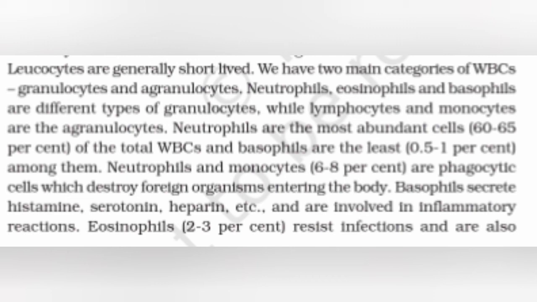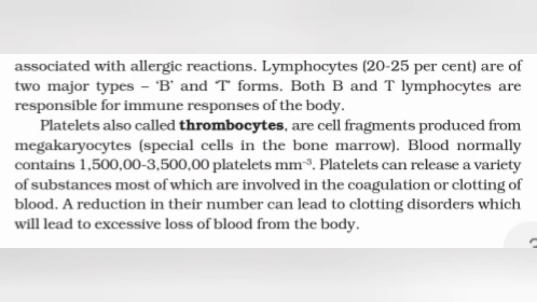Basophils secrete histamine, serotonin, heparin, etc., which are involved in inflammatory reactions. Eosinophils, which counts 2 to 3%, resist infection and are also associated with allergic reactions. Lymphocytes, that counts 20 to 25%, are of two major types, B and T. Both B and T lymphocytes are responsible for immune responses of the body.